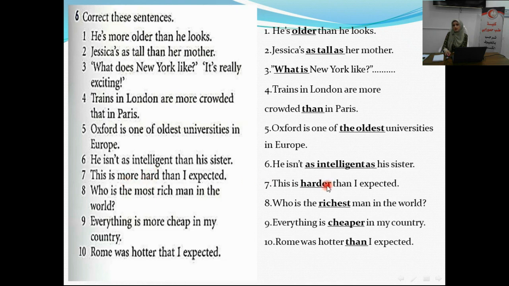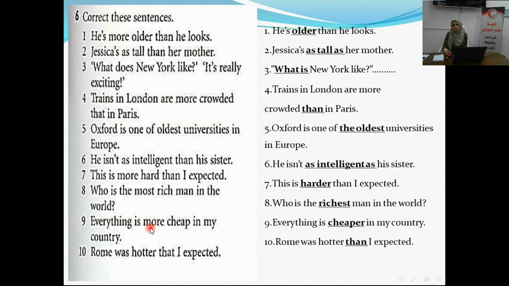We are going to say this is harder than I expected. We are going to use the -er to make the comparative degree. Number eight: who is the most rich man in the world? You notice that we have rich, a one-syllable adjective that is preceded by most, and this is not correct because rich is a one-syllable adjective. We are going to say: who is the richest man in the world, with the superlative degree.